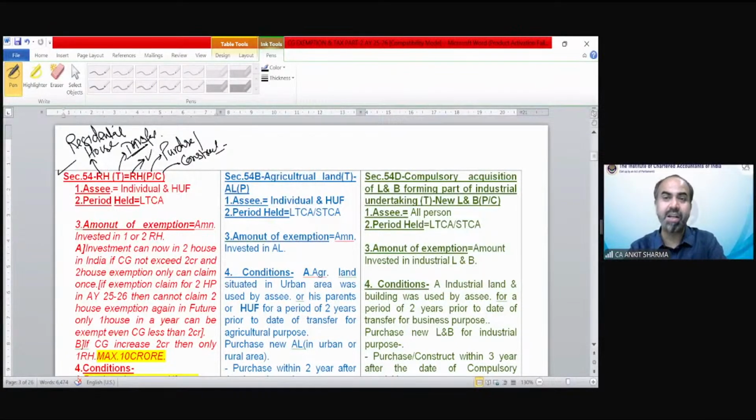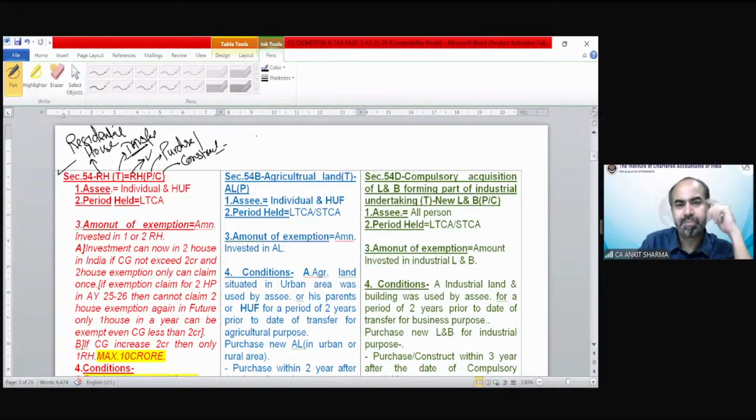So the basic condition for the applicability of section 54 is that you have to transfer your residential house, and against that you need to purchase another residential house, whether by purchase or construction. So the transferred asset would be your old residential house, and now for claiming the exemption, if you purchase a new residential house, you can claim the benefit under section 54 if other conditions are satisfied.